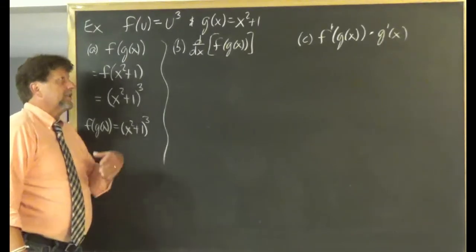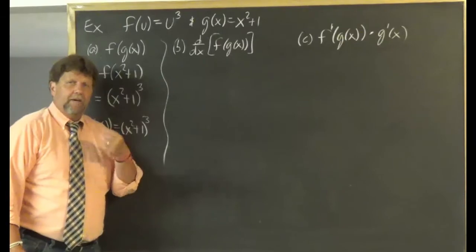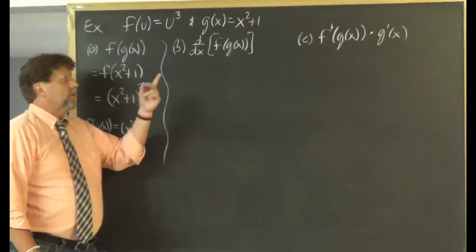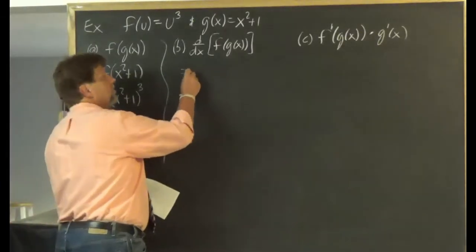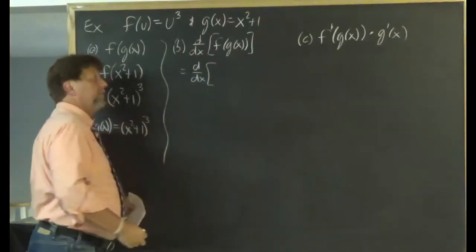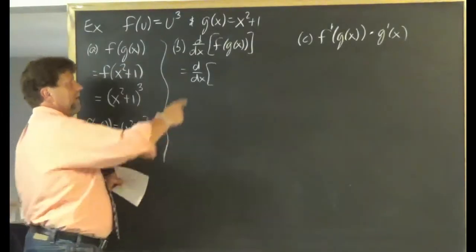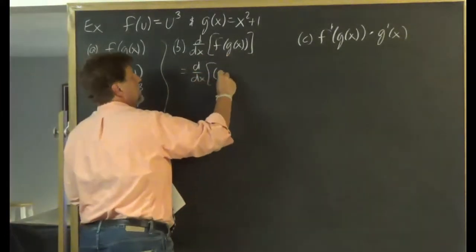Part B, I said let's differentiate with respect to x the f of g of x. Well, in part B, we're going to take d/dx of the f of g of x. Here's the f of g of x, so let me put that in place.